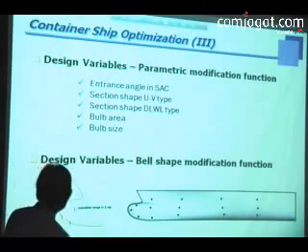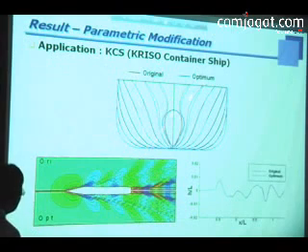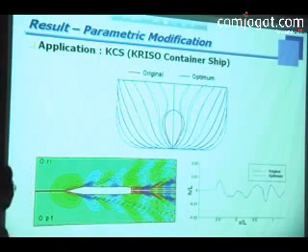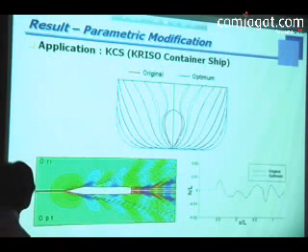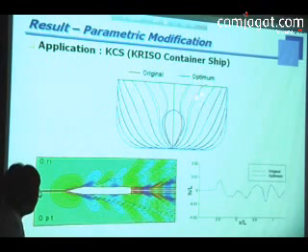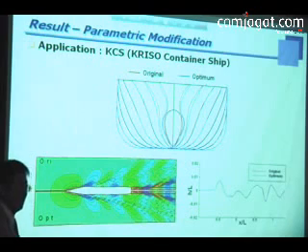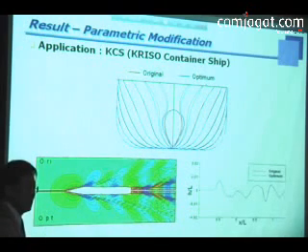Next please. So this is the result of original and optimum, fore part, because the aft part was not changed. Original and optimum. So this is the parametric modification result. You can see here the optimum. This Froude number is 0.26, whose speed is relatively high. This is a large container ship shape.